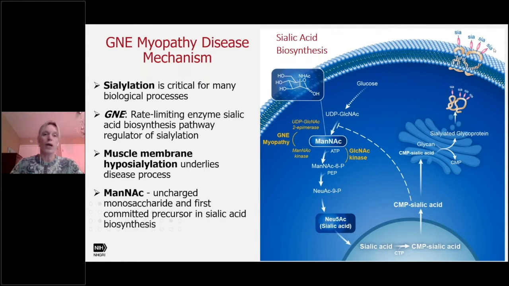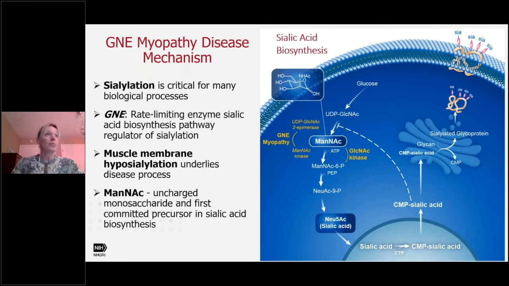And this is where they are very involved in signaling, signal transduction, those kinds of functions. So you can imagine in muscle cells and muscle cell membranes that undergo a lot of contraction and relaxation, that these sialic acid groups are important for the cell-cell interactions.